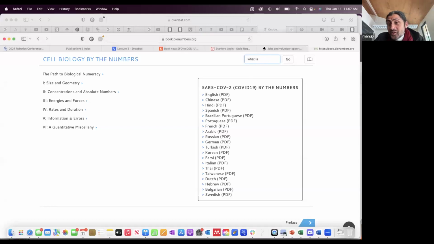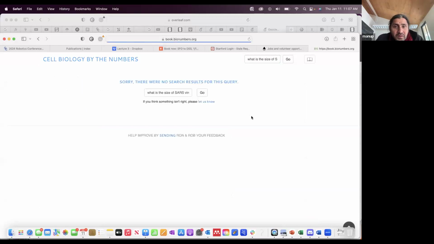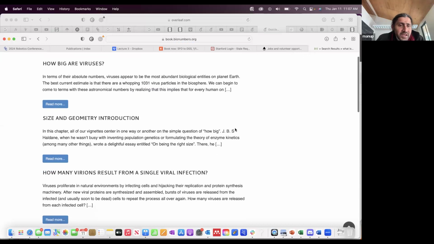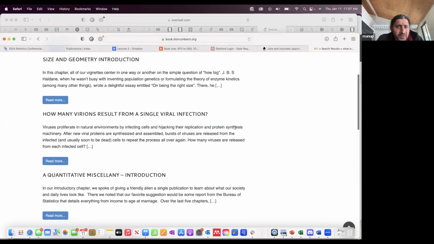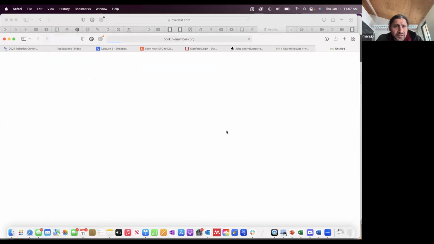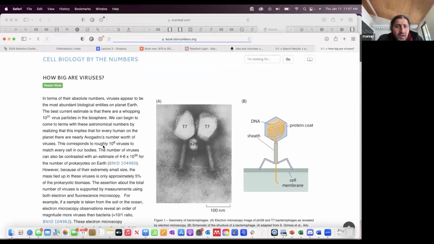I haven't done this, so I don't know whether this is in the data. Size of virus. It comes up with how big are viruses, how many virions, genes in a genome.